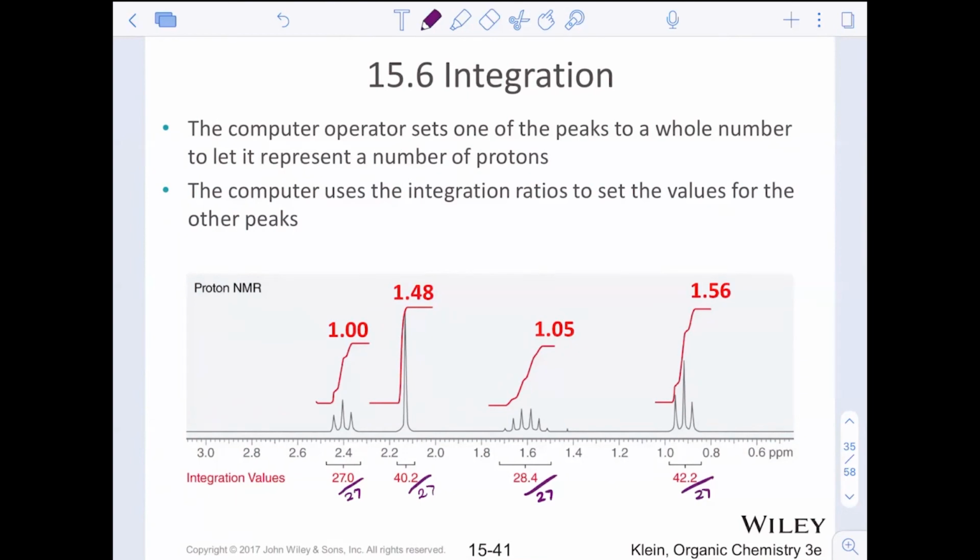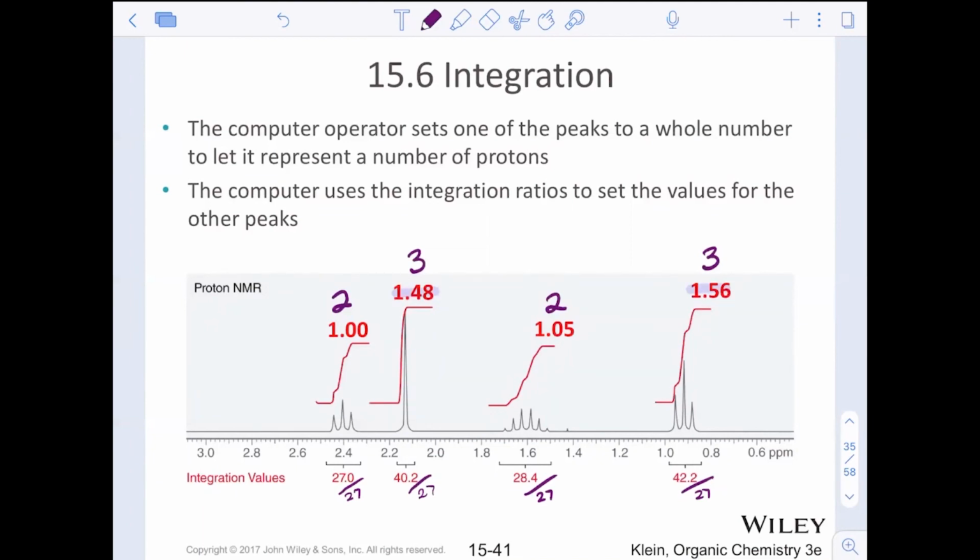Divide by the smallest. Now we cannot have 1.48 protons, right? Or 1.5 protons being represented in a signal. So then what the computer does after it sets the values for the other peaks by dividing by the smallest, it will take and make those into more whole numbers, 2, 3, 2, and 3, by multiplying by some factor to make them whole numbers.